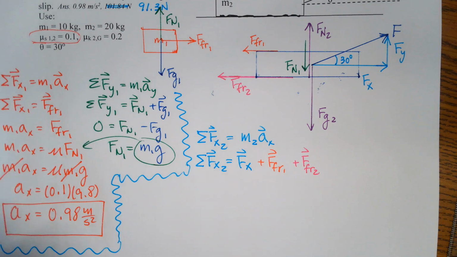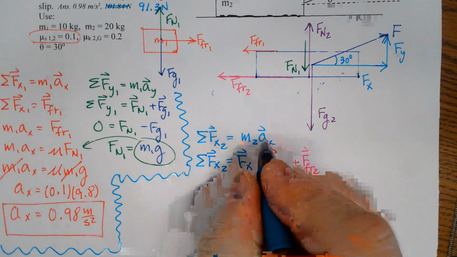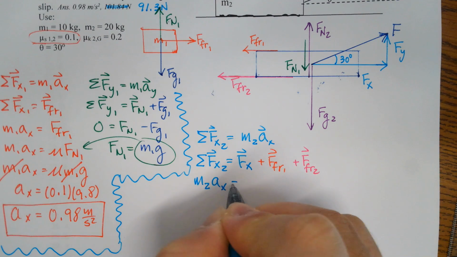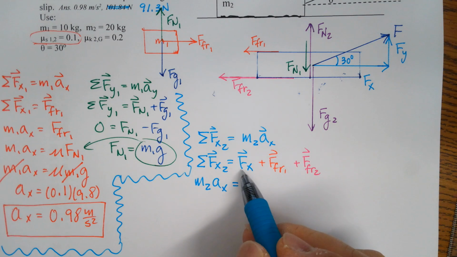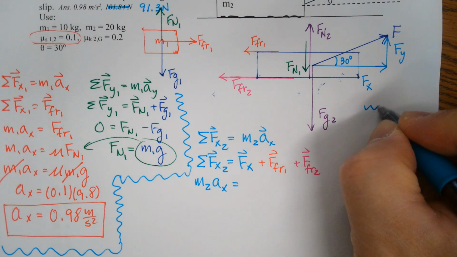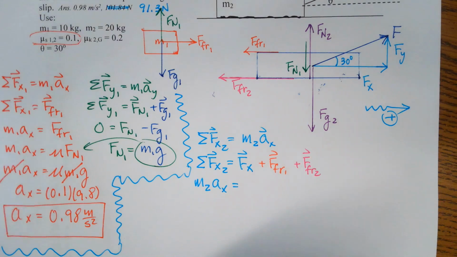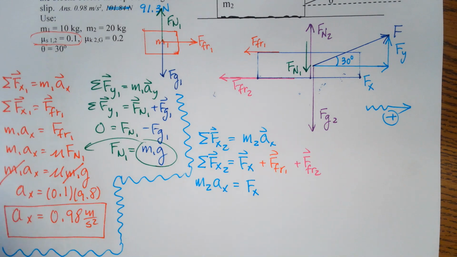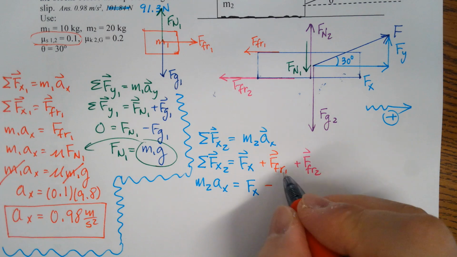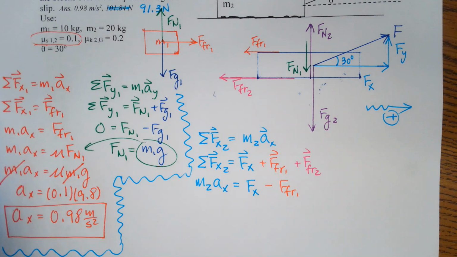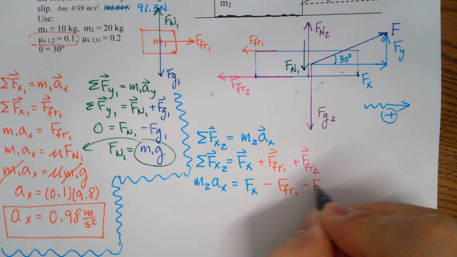So if I set them equal to each other, my m2ax is equal to my Fx positive. I'm going to consider this direction to be positive. So my Fx minus friction 1, right, minus friction 2.